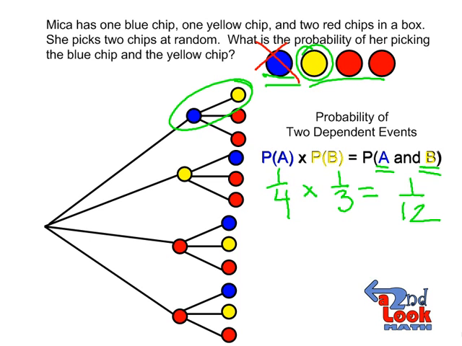And when we're looking at our equation, we have the probability of the first event times the probability of the second event gives us 1 out of 12 as well. And so when looking at the question, what is the probability of her picking the blue chip and the yellow chip, the probability is 1 out of 12. And that is a second look at the probability of dependent events.